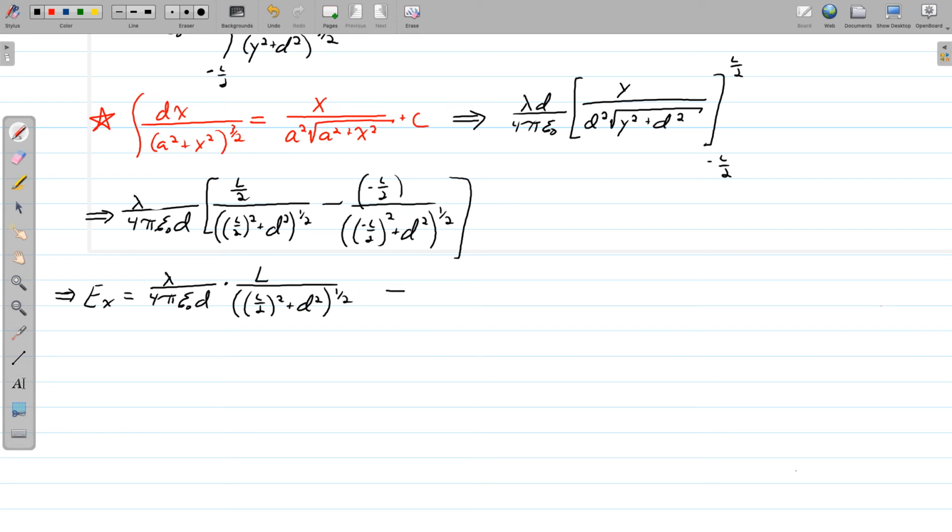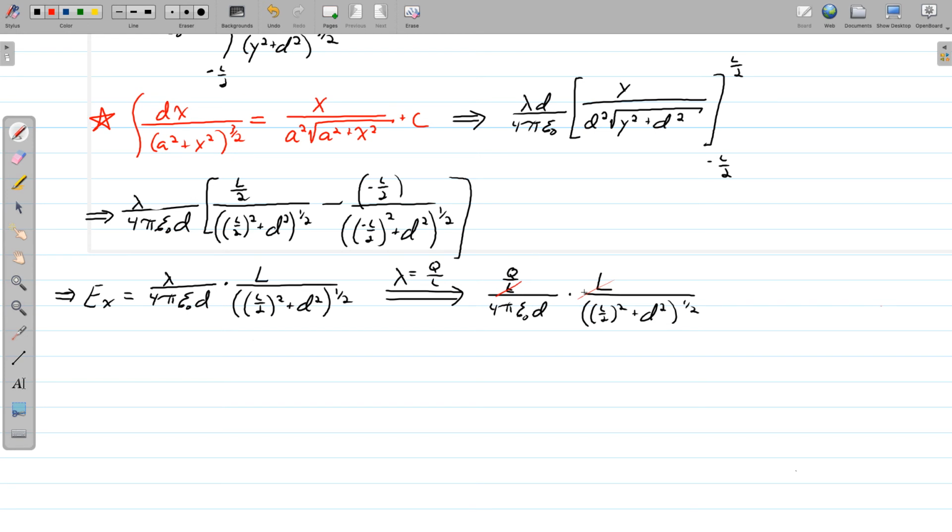So remember, lambda is actually Q over L. So if we throw Q over L in here, then we will have Q over L over 4 pi epsilon naught d times L over the quantity L over 2 squared plus d squared to the 1/2. This L would cancel with that one.